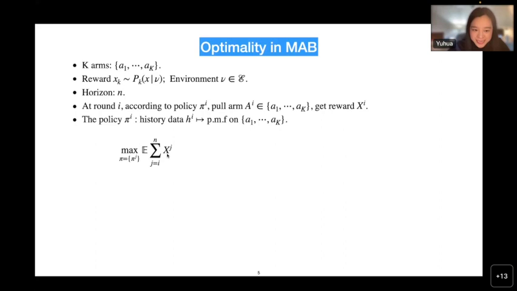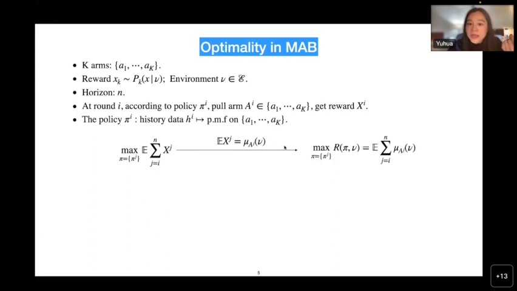If we look at this cumulative reward at round j, the expectation of your reward depends on two things. The first is which arm you pull, which is determined by your policy. The second is which environment you are in. In other words, this expected reward depends on your policy and the environment nu.